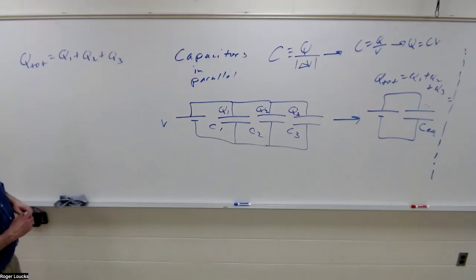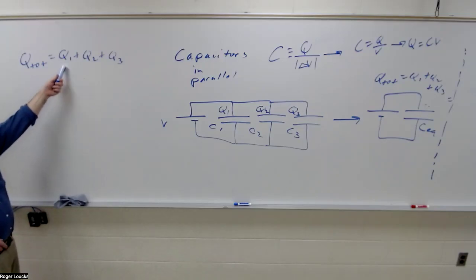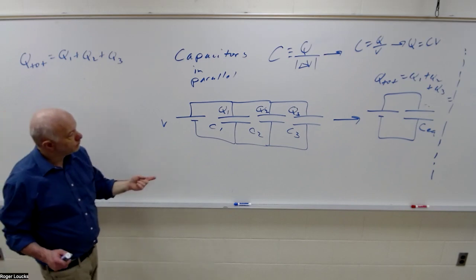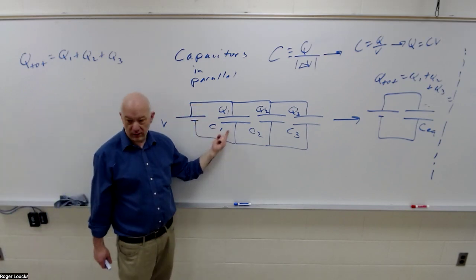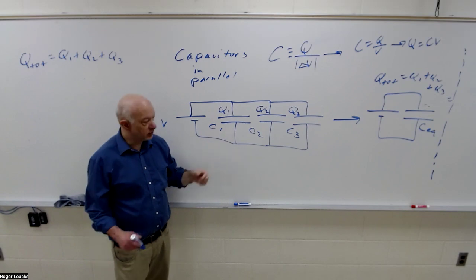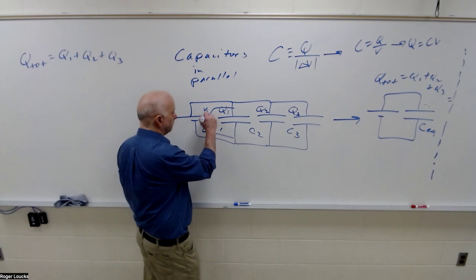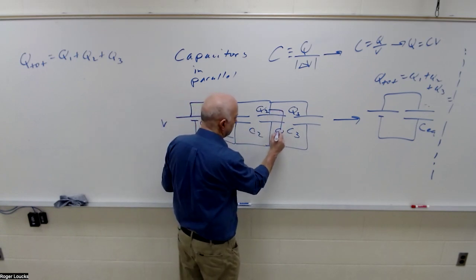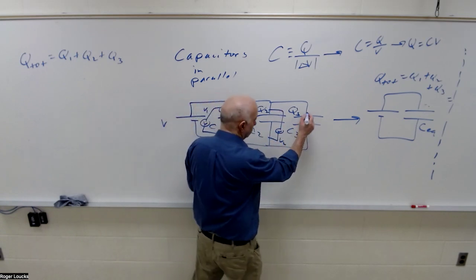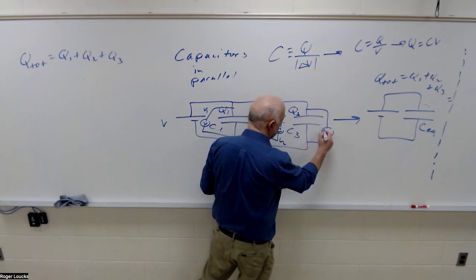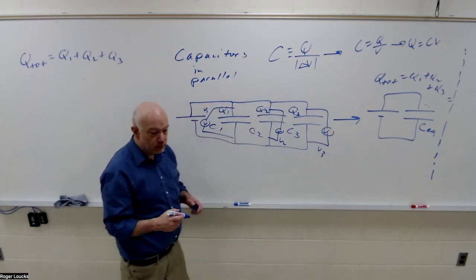So what would have to be the charge on this guy here? If I put a voltmeter across here, this would read V1. If I put a voltmeter across here, this would read V2. If I put a voltmeter across here, that one would read V3.